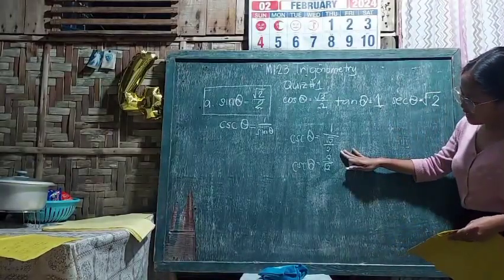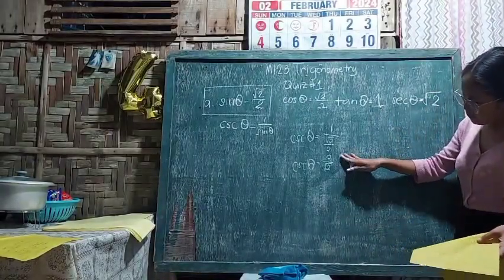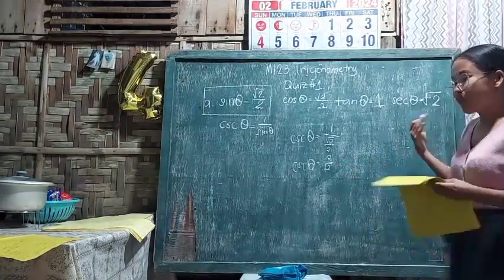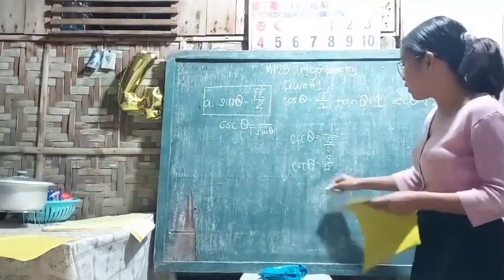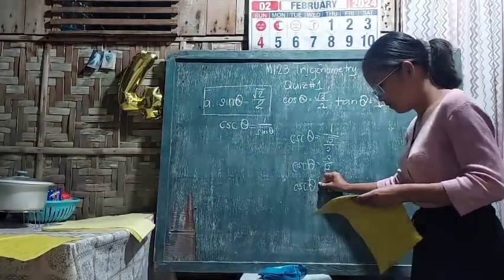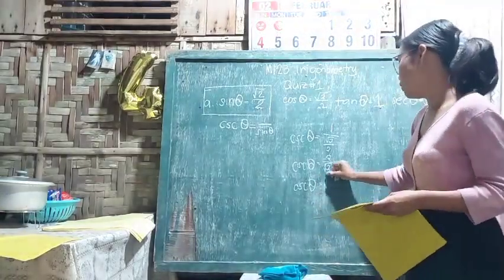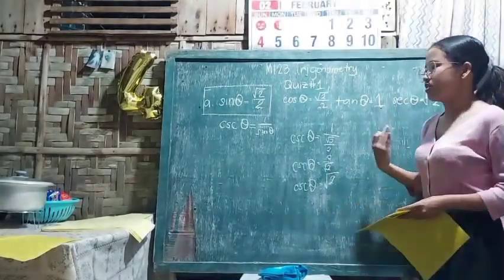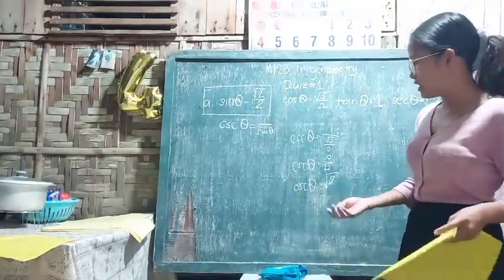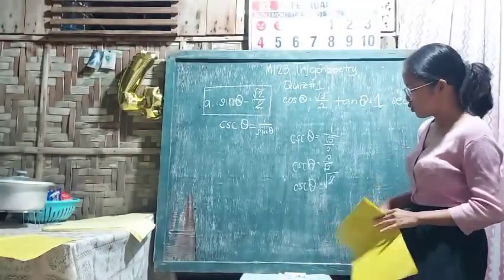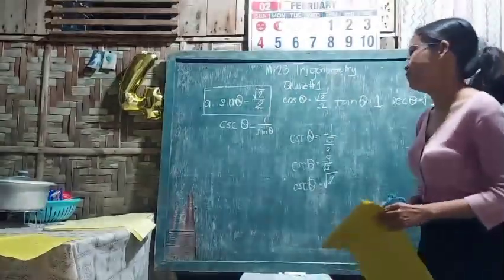We can say now that 2 over square root of 2, if it is rationalized, is going to become square root of 2. So the cosecant and the secant have the same value, which is square root of 2.